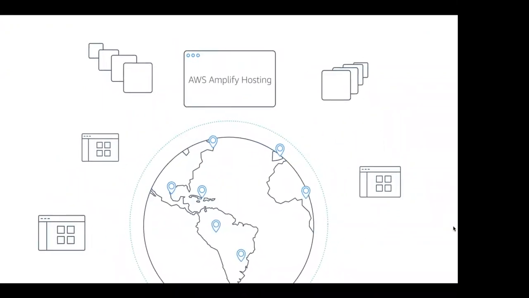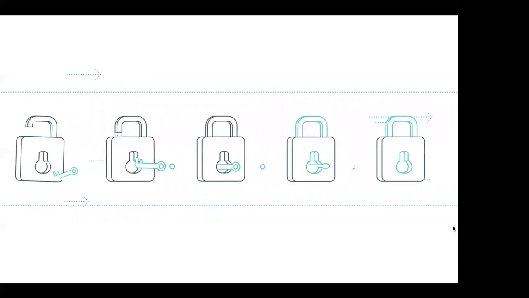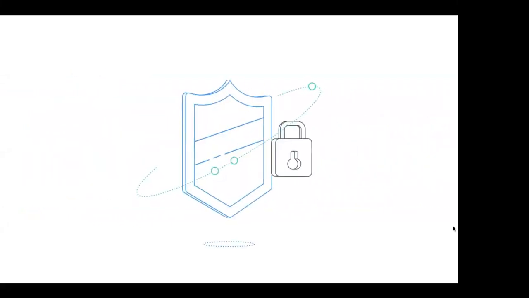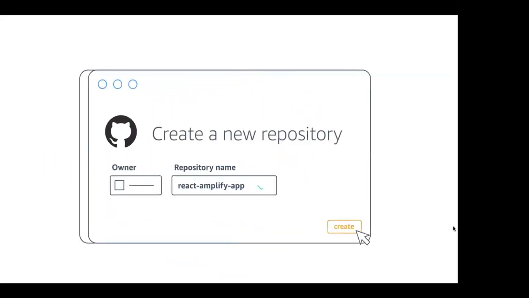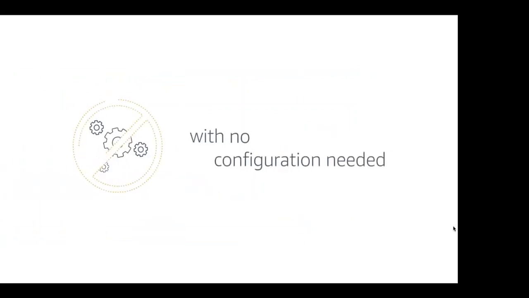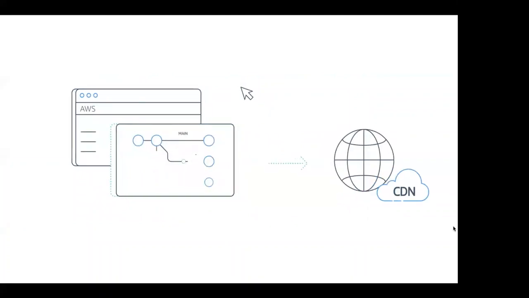Files deployed to AWS Amplify Hosting are delivered to AWS Content Delivery Network servers around the world, providing a reliable, low-latency experience. Every web app or site is served over a secure connection. AWS provisions and issues an SSL certificate for each site deployed at no fee. You can deploy any web app by simply connecting a Git repository with no configuration needed. Amplify will automatically build and host your site on our global CDN.